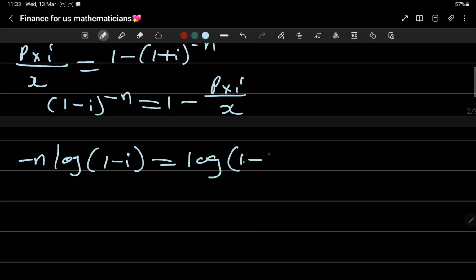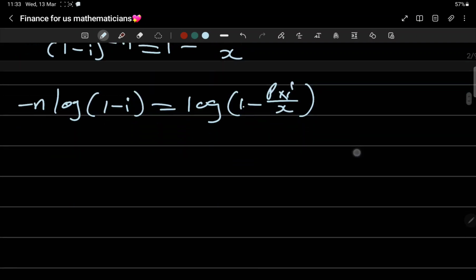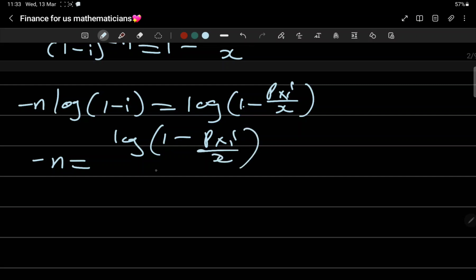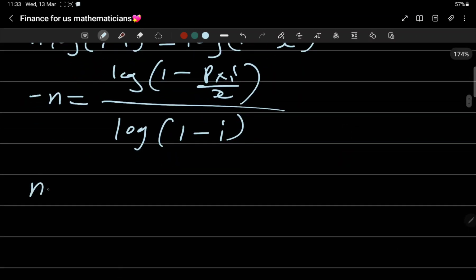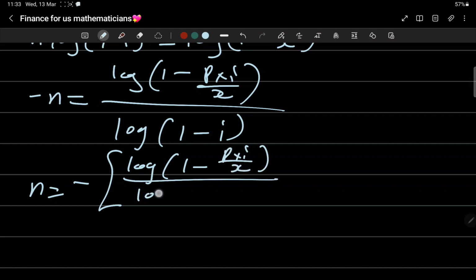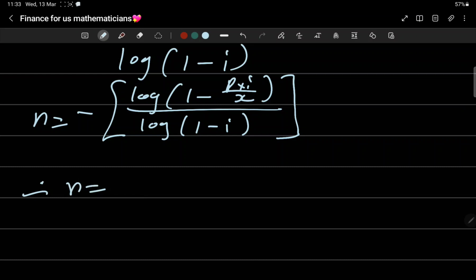So negative n equals log of 1 minus P times I over X, divided by log of 1 plus I. Then divide both sides by negative, so n equals negative log of 1 minus P times I over X, over log of 1 plus I. That's n.